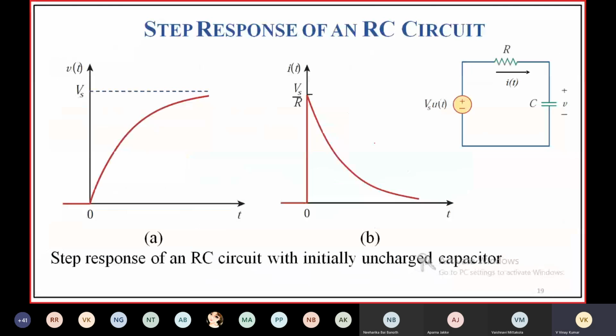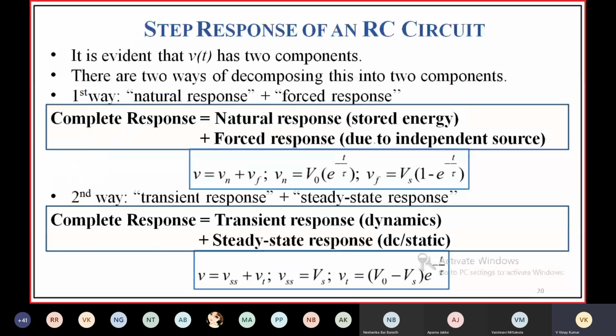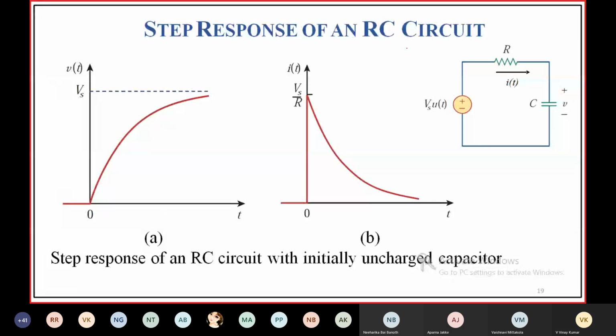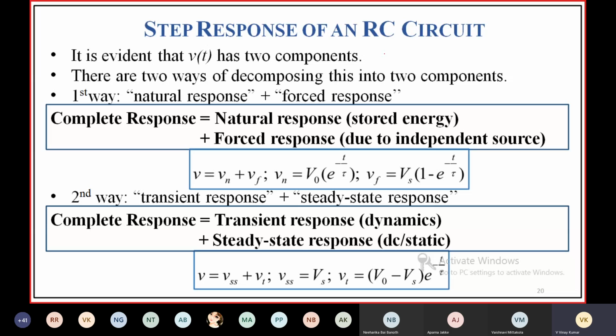So what will be the general formula? Let me write it here.